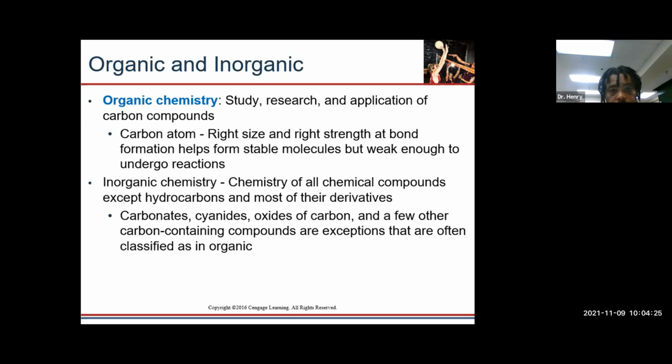So I'm going to ask you a question. Is this considered organic? No, that's right. This wouldn't be considered organic because this is an oxide of carbon. Okay, how about this? Would that be considered organic?